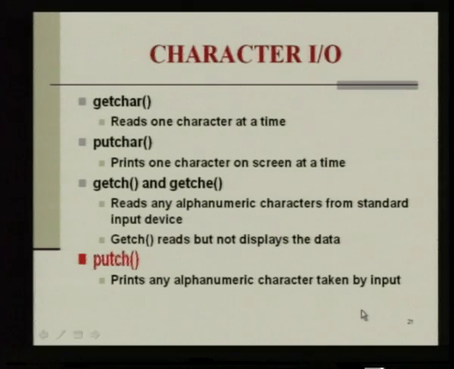And again you have putch, which prints any alphanumeric character taken by the input. Now, all these do the same work of reading characters and displaying characters, but the difference is that in getchar you have to insert only characters, whereas getch and getche accept both alphanumeric characters, digits as well as alphabets. And putchar also prints only a character, whereas putch prints alphanumeric characters taken by the input device.